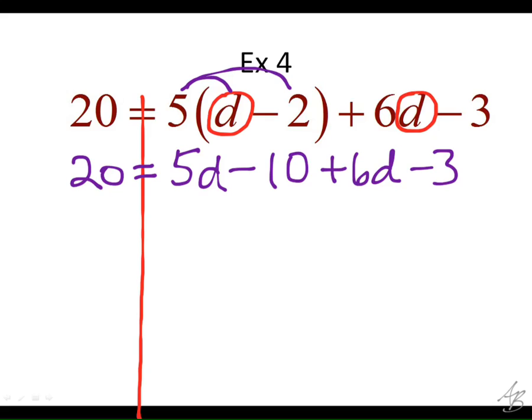Now what? Combine the 5d plus 6d. Okay, we need to combine our like terms. So we've got 5d and 6d. What other like terms do we have? Raquel? Yeah, we have that negative 10 and the negative 3. All right, so let's do the d's first. Trevon, what do we get when we combine the 5d and the 6d?